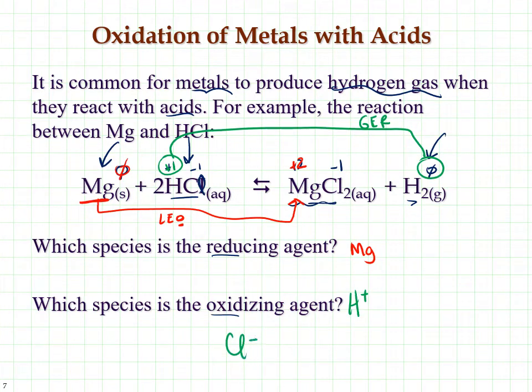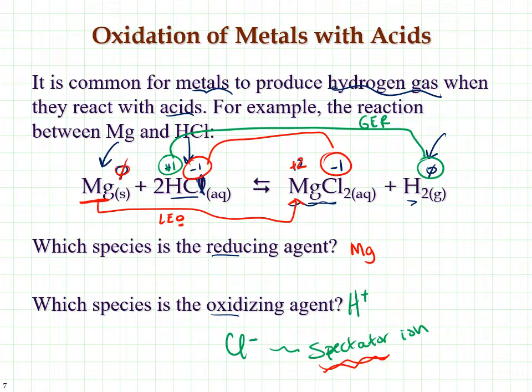What is chlorine that had that -1 charge and stayed a -1 charge? We're going to call that guy a spectator ion, because it started at a -1 and it stayed at a -1. It kind of just watched. It was a spectator while all those electrons were being transferred around to everybody else.